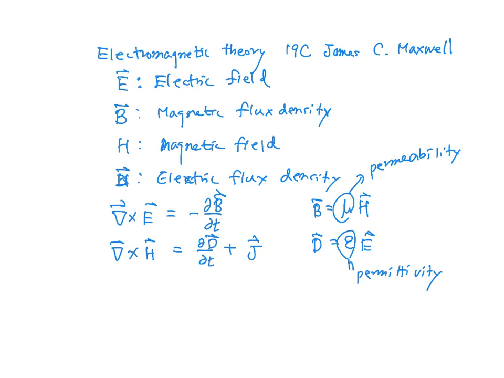I don't know how to call this permittivity in Korean. So mu and epsilon are actually properties of a material.